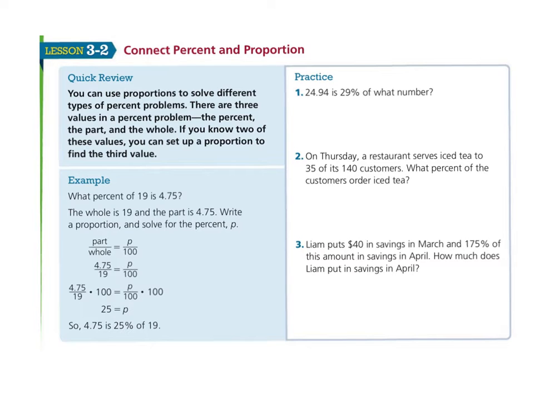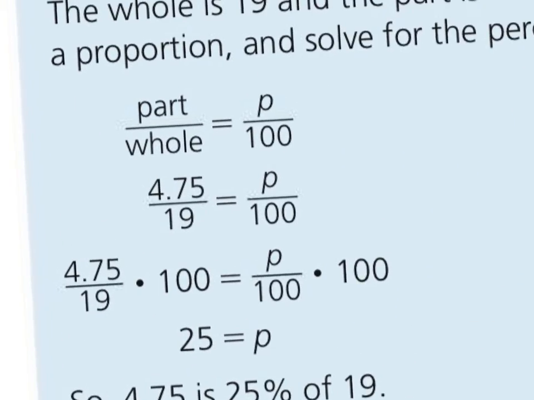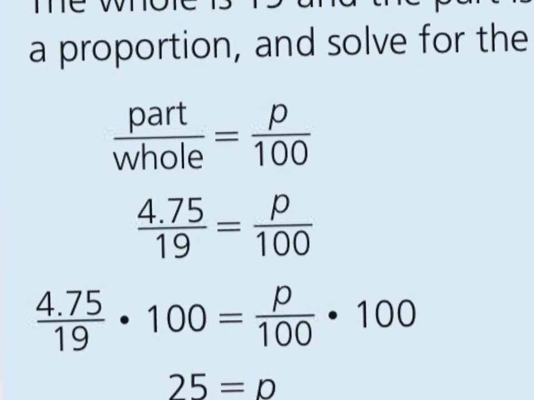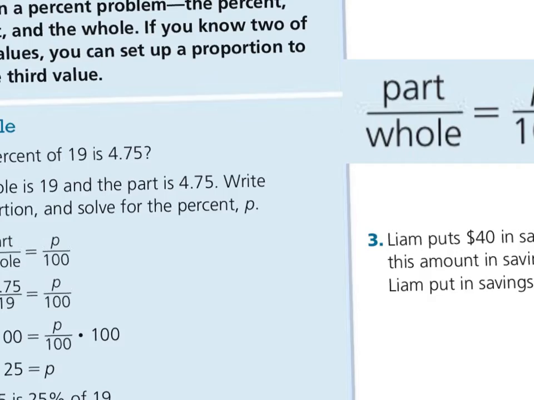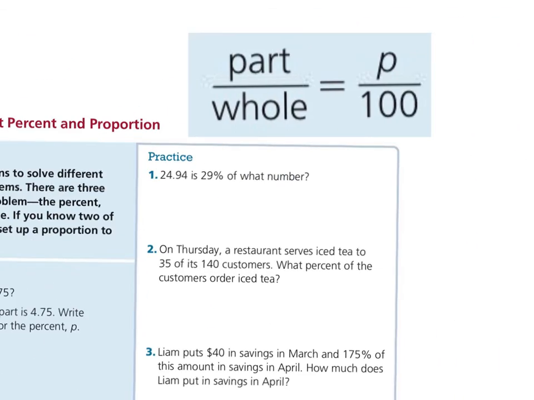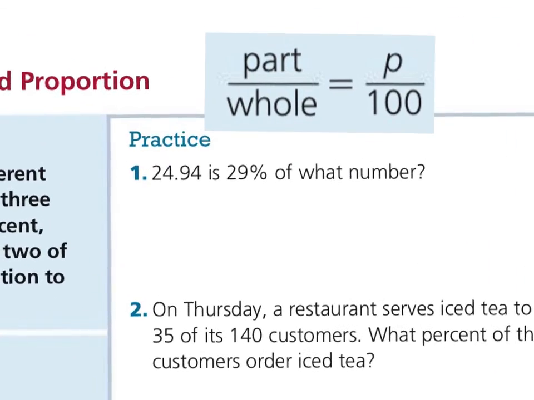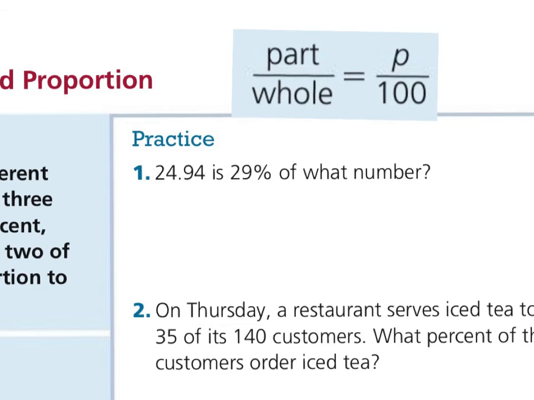Lesson 3.2 is on connecting percent and proportions. So proportions they talked about over here. You can do the part over whole equals whatever your percent is over 100. So if you look at number 1, it says 24 and 94 hundredths is 29% of what number?